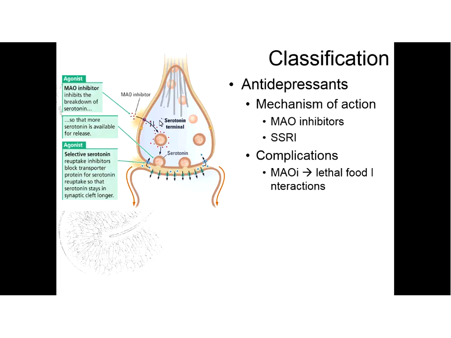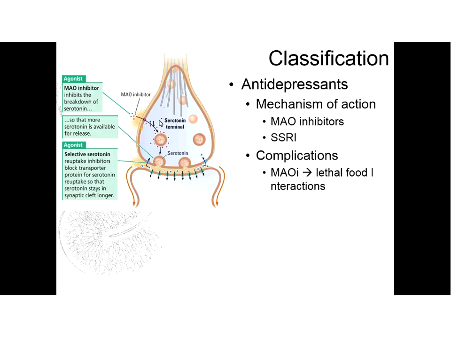They're immediately having an impact on neurotransmission, but they don't start working until 2 to 3 weeks after you've been taking the drug. Again, MAO inhibitors inhibit monoamine oxidase from breaking down serotonin, so with more serotonin around, you're enhancing serotonin neurotransmission.